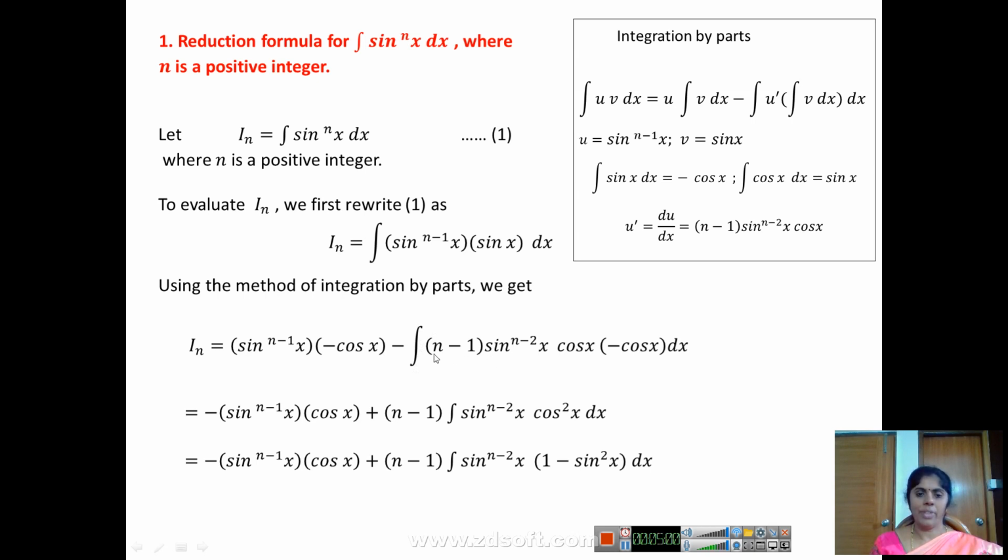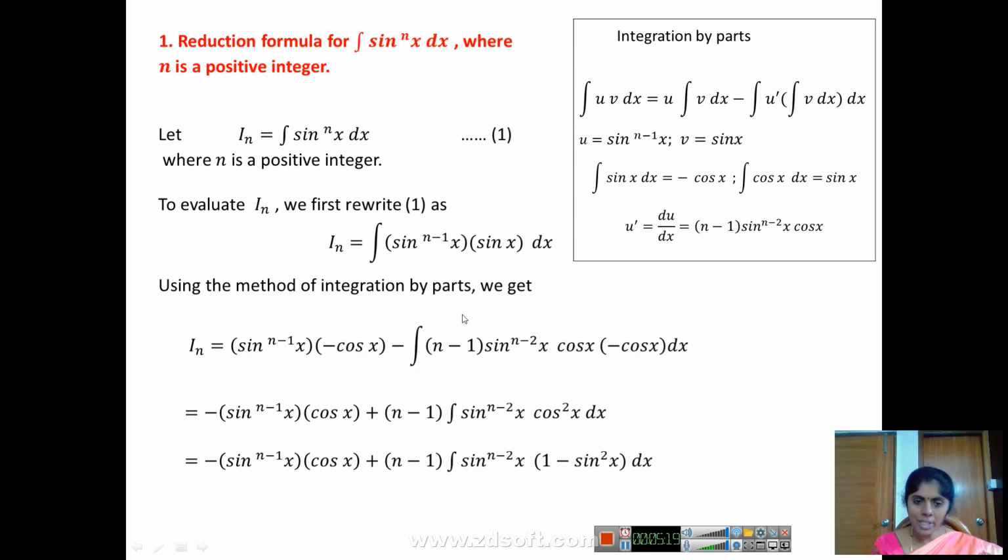The derivative of the first function is n minus 1 of sine to the power n minus 2 of x into the derivative of sine, which is cos x. Then the integral of the second function, that is sine x, is taken as minus cos x into dx.